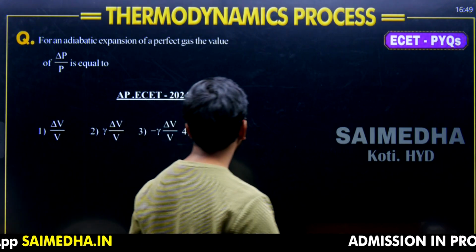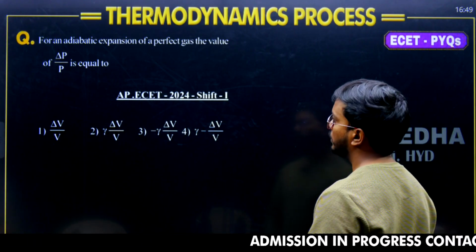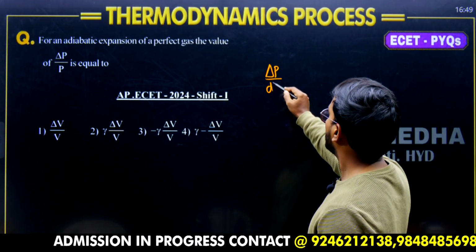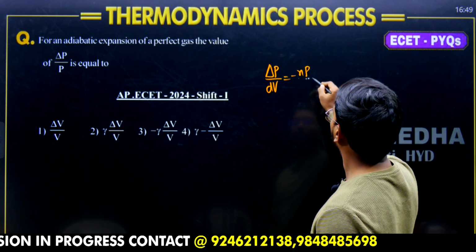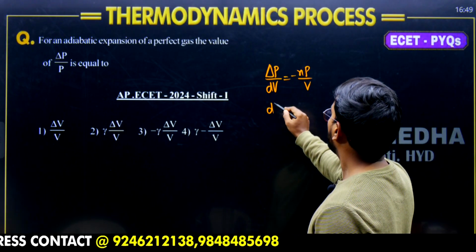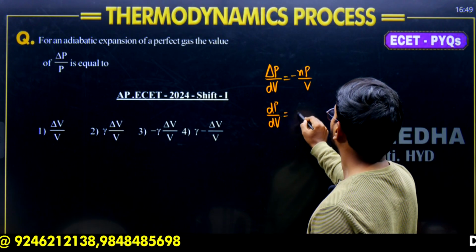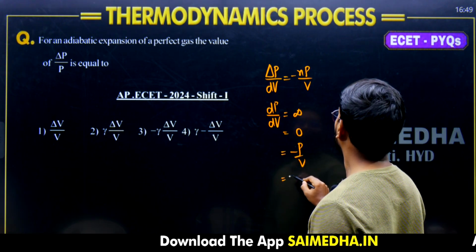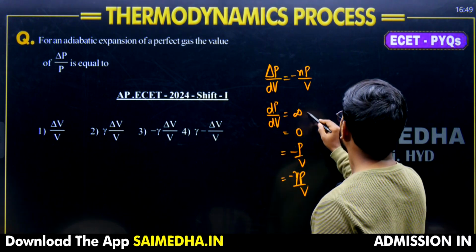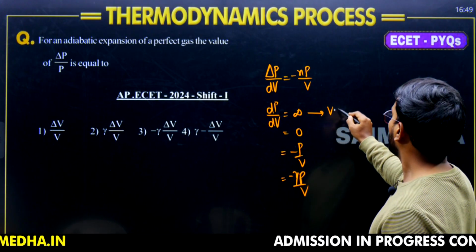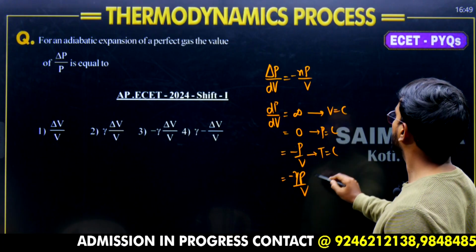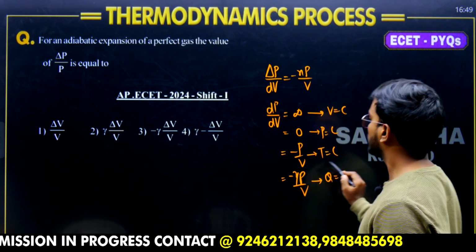For an adiabatic expansion of perfect gas, the value of delta P by P. Repeated question. Already we have seen. dP divided by dV is equal to minus n P by V. The options are infinity, 0, minus P by V, and minus gamma P by V. This is for volume constant process, this is for pressure constant process, this is for temperature constant process, and this is for heat constant process.